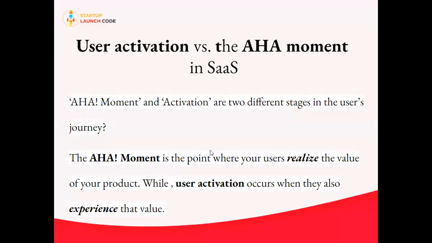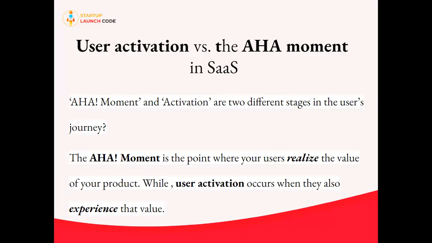The aha moment is when the user realizes the value that comes with your product. The user only realizes it; he or she has not experienced the value. So if I download Uber and I've not taken my first ride, I've not experienced the value that comes with Uber. If I downloaded Slack and I've not been able to send a series of messages to my teammates, I've not really experienced the value of Slack.